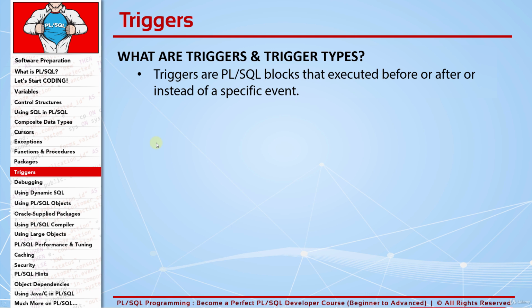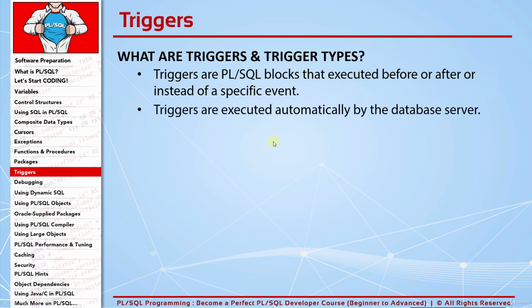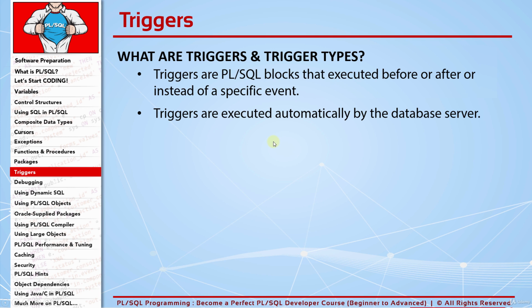For a better explanation, I can say that triggers are the PLSQL blocks that are stored in the database and executed, or some people call it fired, before or after or instead of a specific event. Triggers are executed automatically by the database itself based on how you declared them. You will see all of them in details in the further lectures.